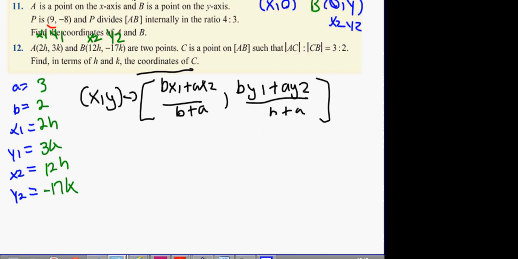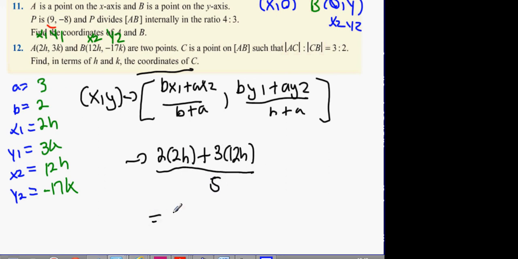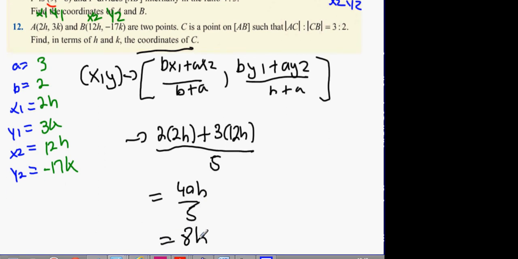What we get is Bx1, 2 times 2h, plus A times x2, 3 times 12h, all over A plus B, which is 5. What that is going to be is 40h over 5, which is 8h. That is the x coordinate, not the y coordinate.